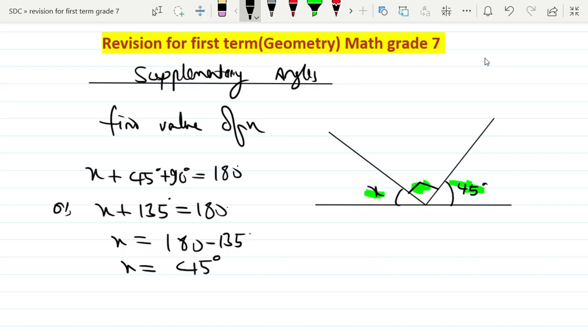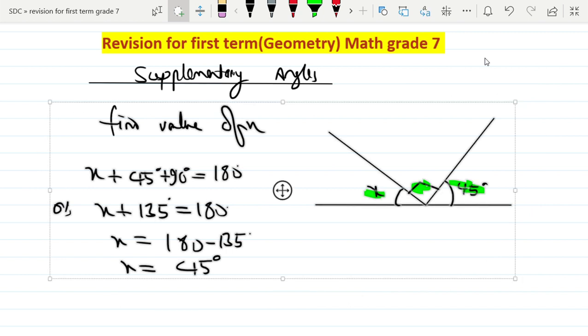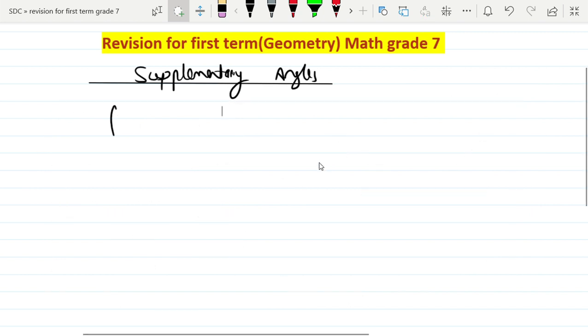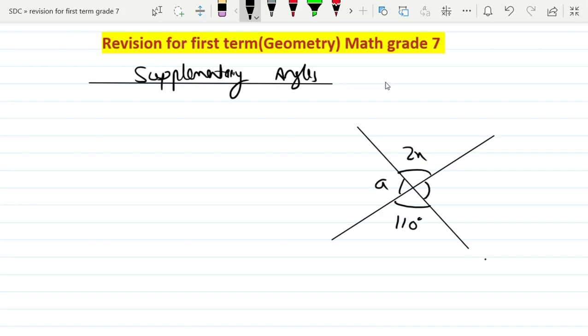Now after that, another example of this kind. Now I'm mixing vertically opposite and supplementary angles. Okay, so here the angles are like this is 2x and here this is 110 degree, and the other angles I'm keeping a and b.